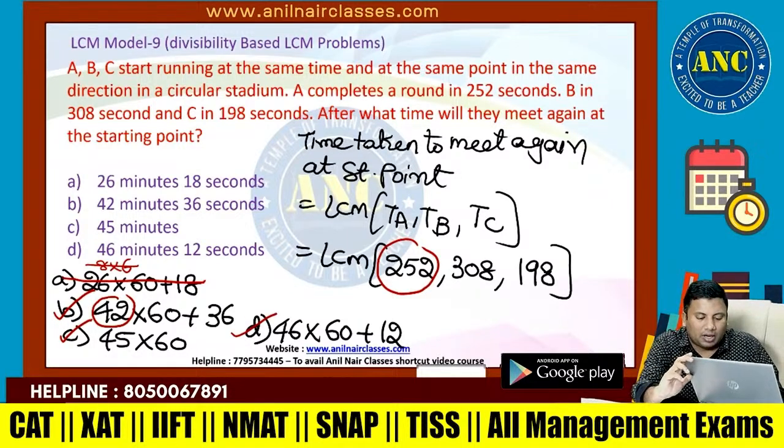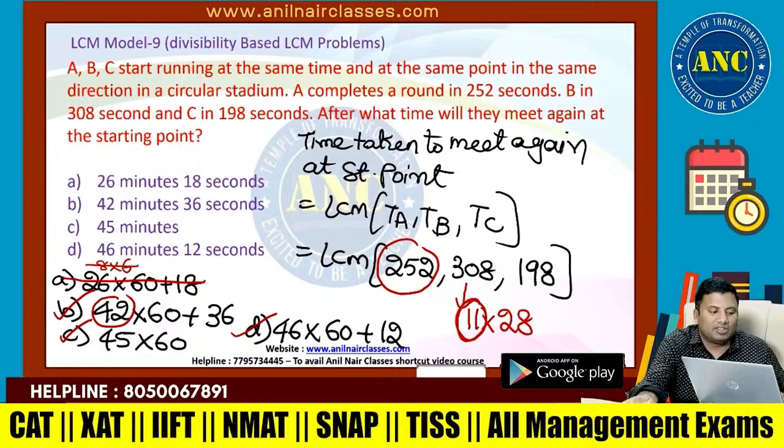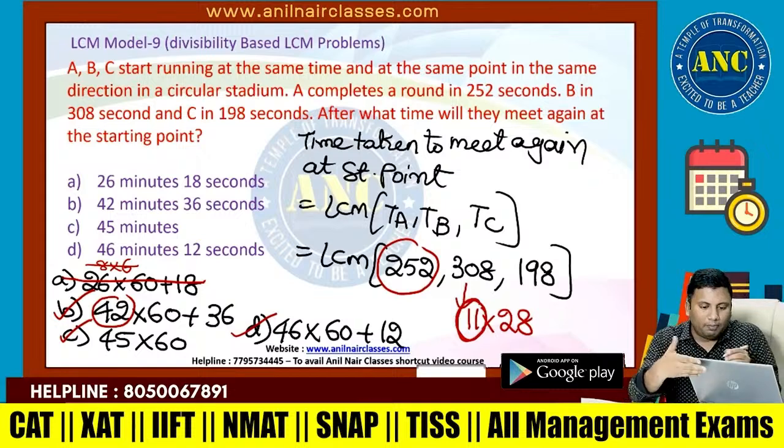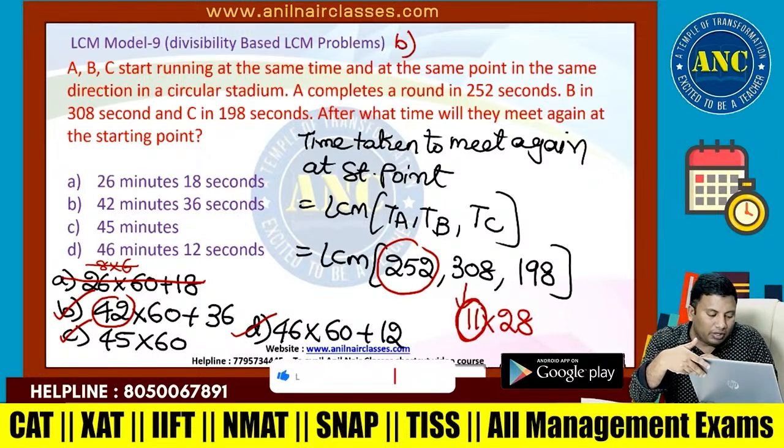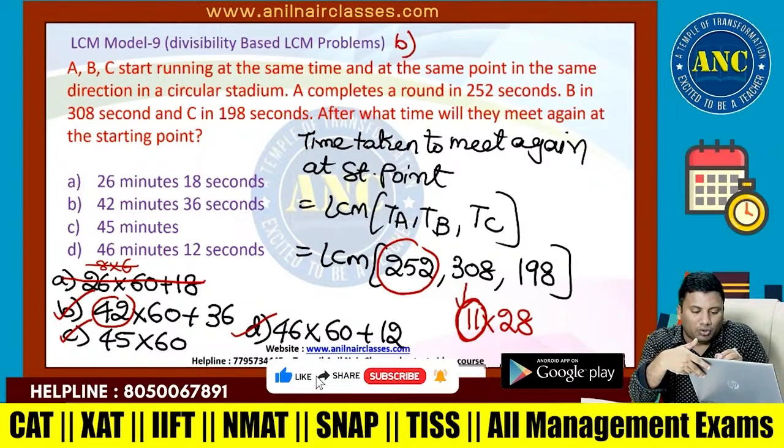Three options are possible. 308 is nothing but 11 twos are 22, so it is divisible by 11. If one number is divisible by 11, the other number should also be divisible by 11. If I take option B, 42 into 60 is 2520, and it will become 2556.